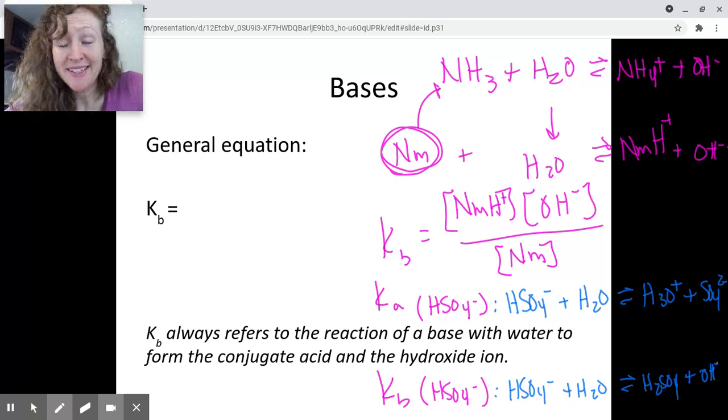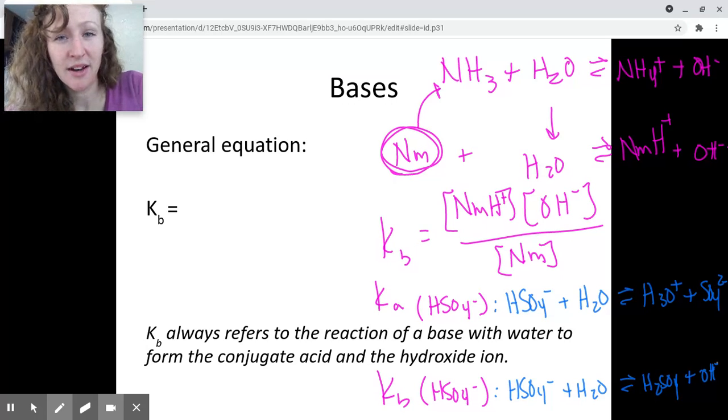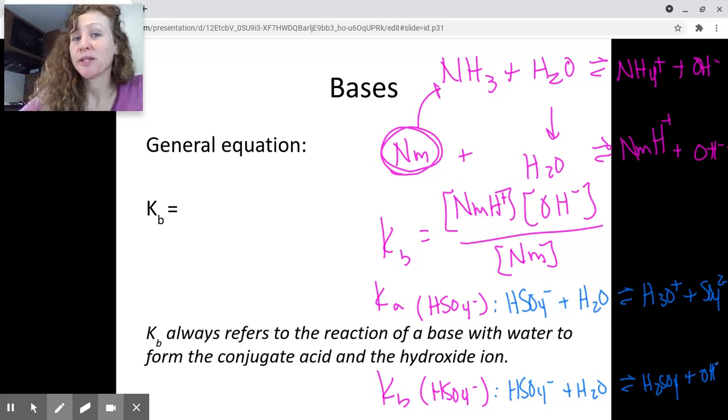Okay, so notice I can take something like HSO4 minus, which is amphoteric, just like water is amphoteric. There's a couple compounds that are amphoteric as well. Something that can donate a hydrogen and also accept a hydrogen is going to make it amphoteric. So I can react it with water and write that reaction as if it's going to go both ways.